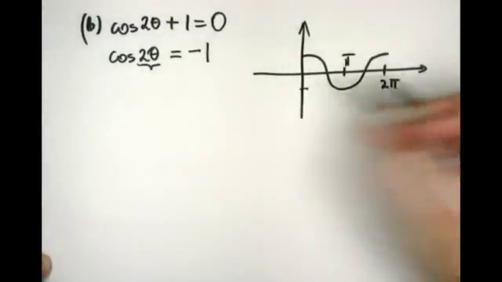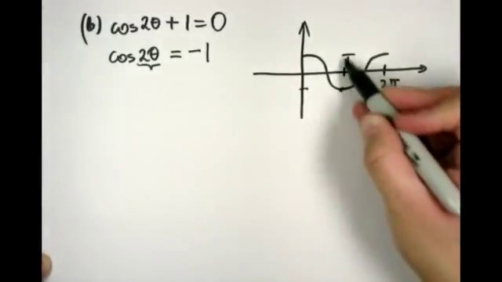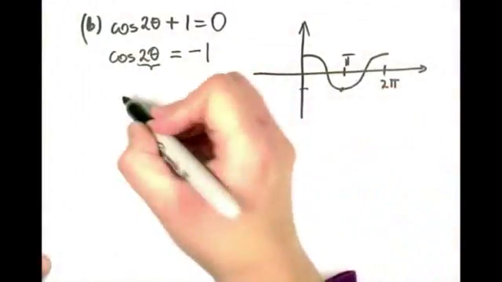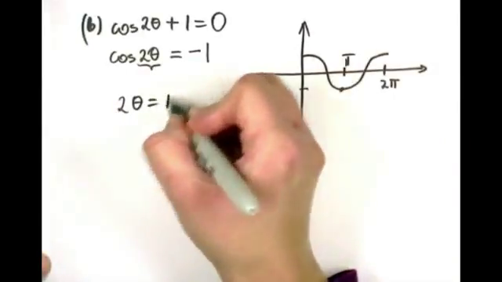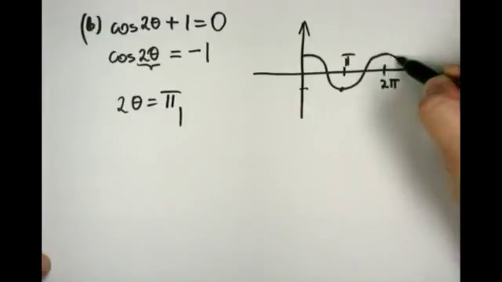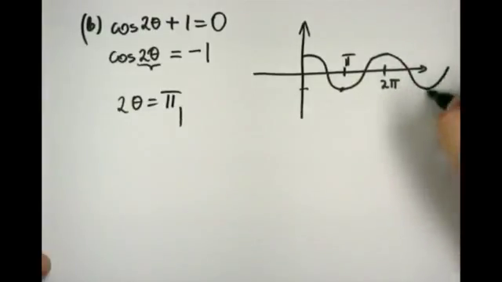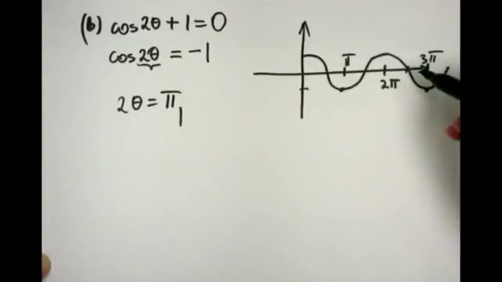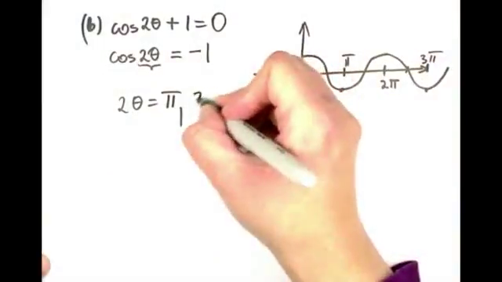So cos is -1 at pi. So we write that 2 theta is pi, and I need to go 1 more revolution. Another negative 1 is right here. So here is 2 pi, here is going to be 3 pi, because here is half and half. So this one is 3 pi.